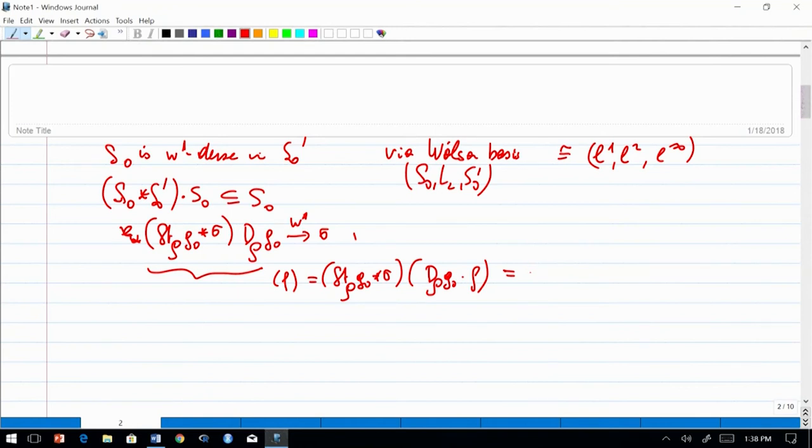So maybe I write it and erase it afterwards. It's 0 applied to St rho G0, the whole thing flipped. But then we can remove it. Convolved with the inner term is D rho G0 times F. And that, of course, goes to sigma F. And you just have to say, well, I'm changing two things.